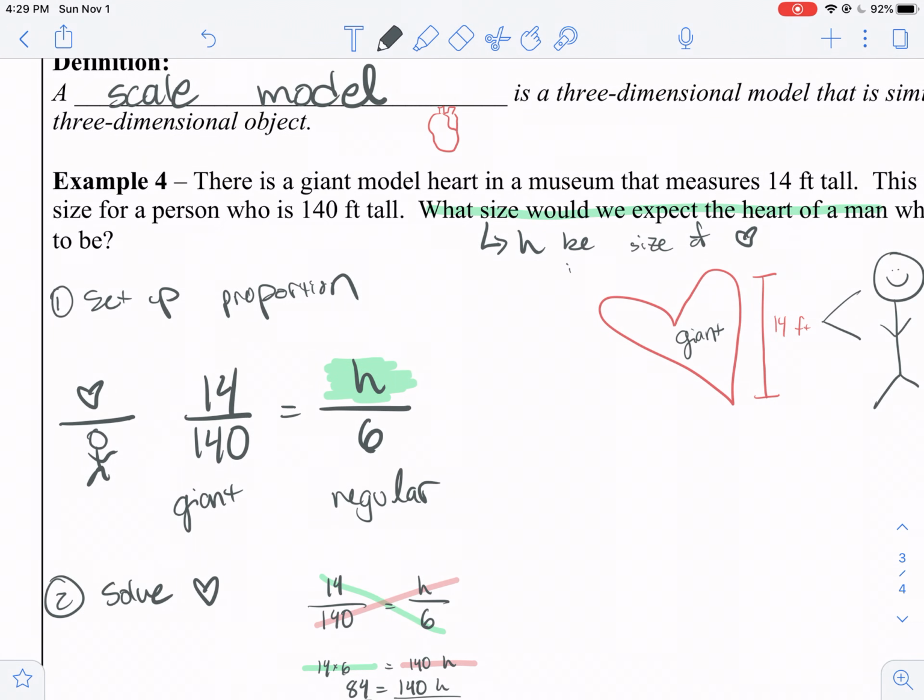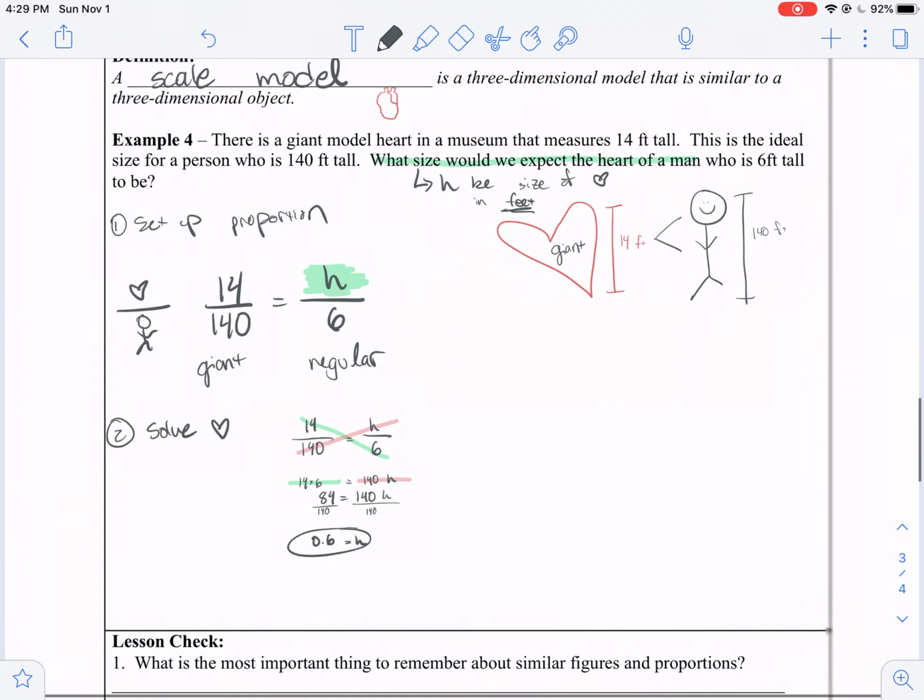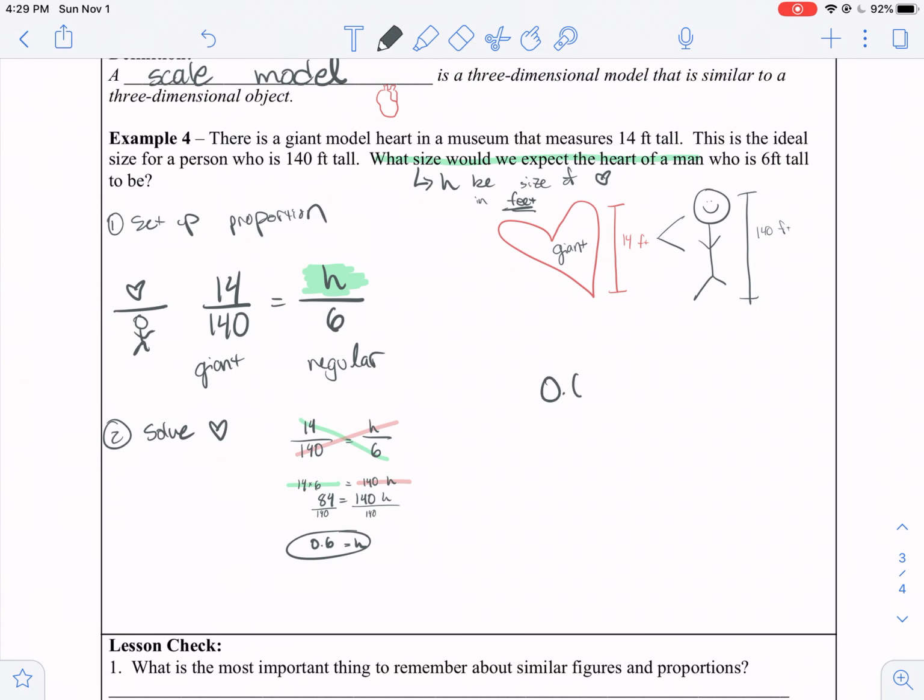Size of heart, remember, in feet. I forgot to specify that. This is in feet. So the heart is 0.6 feet tall.